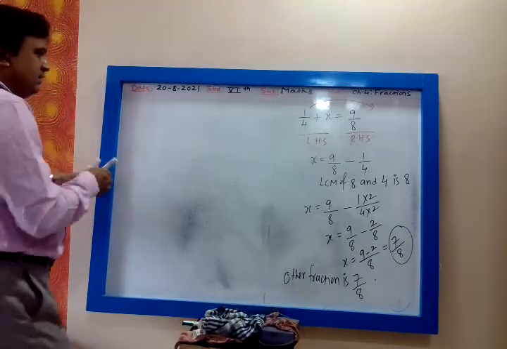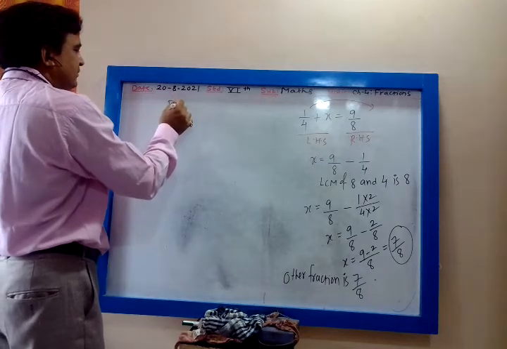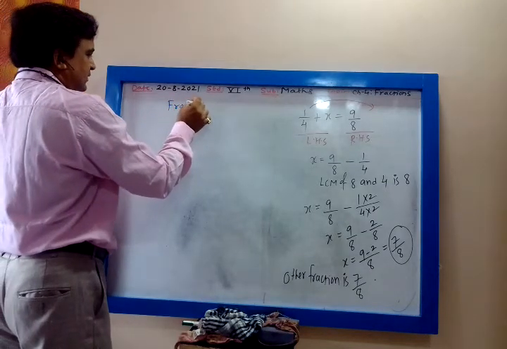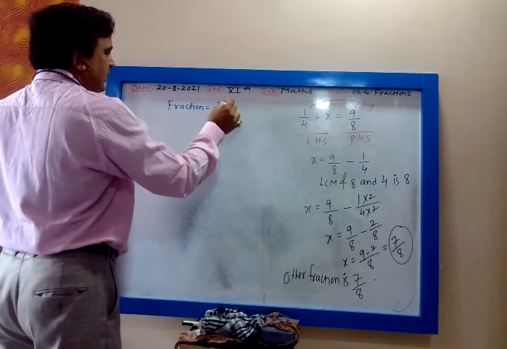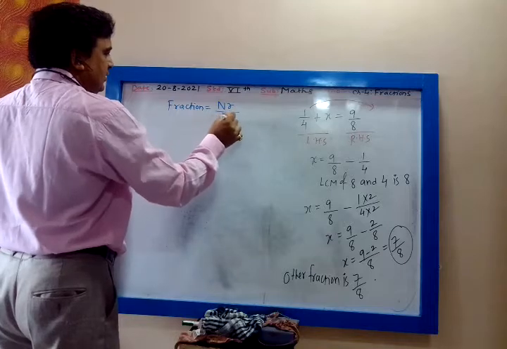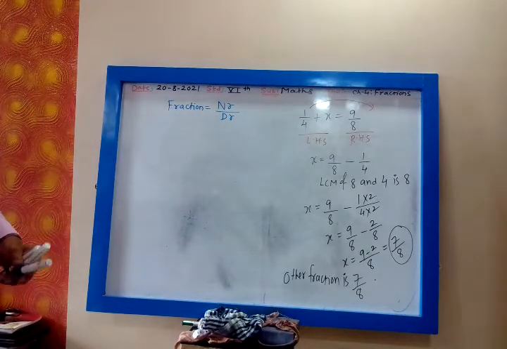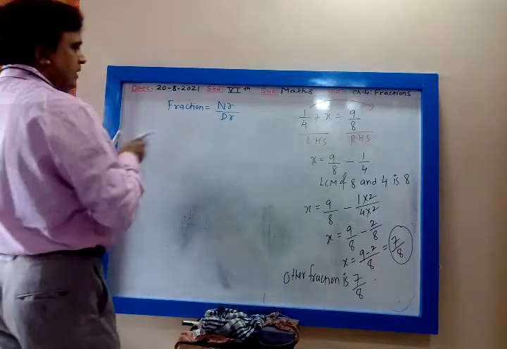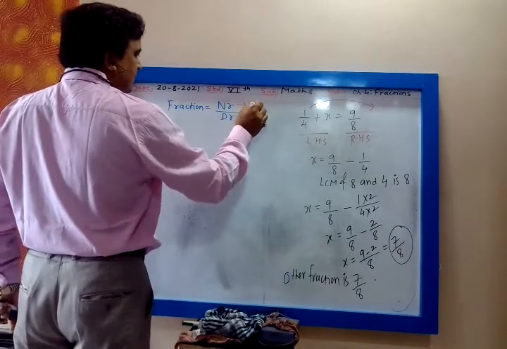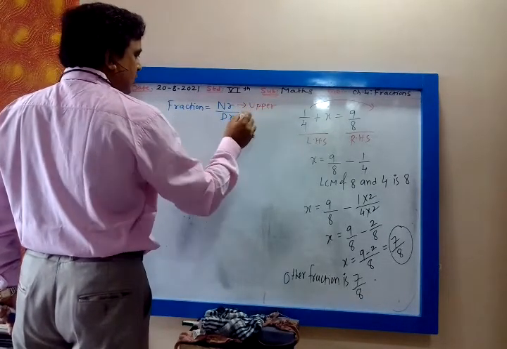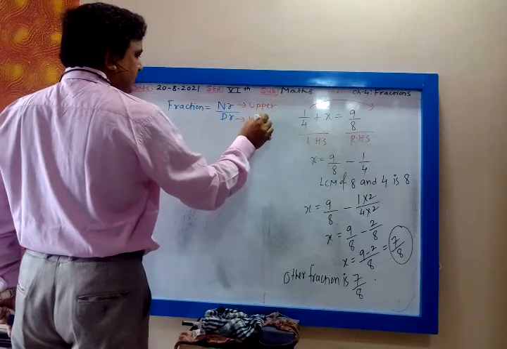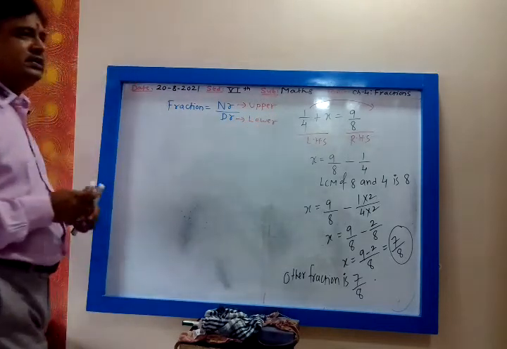First of all, you tell me. Yes. So a fraction has numerator upon denominator. Numerator is the upper part, and denominator is the lower part.